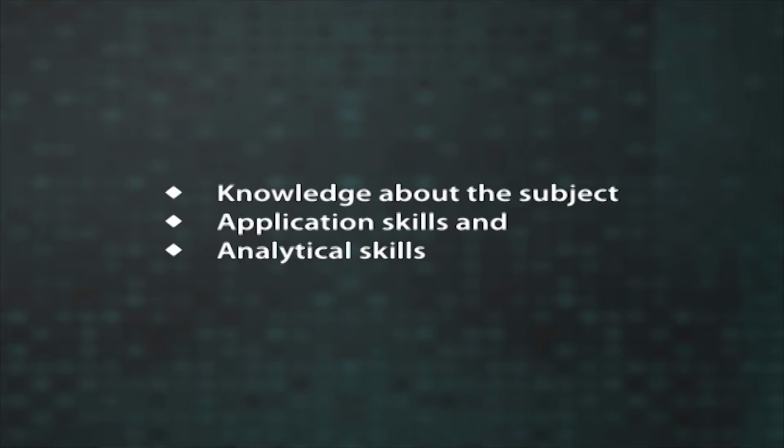Imagine that a teacher has finished teaching a unit in the class. The instructional objectives of that unit were to make students acquire knowledge about the subject, application skills and analytical skills. The teacher should include these three objectives, namely knowledge, application and analytical skills while designing an achievement test on the unit.